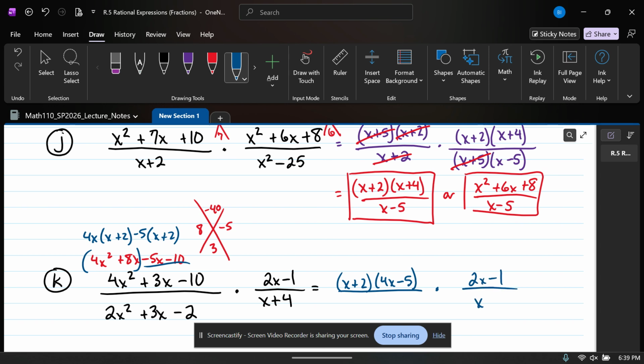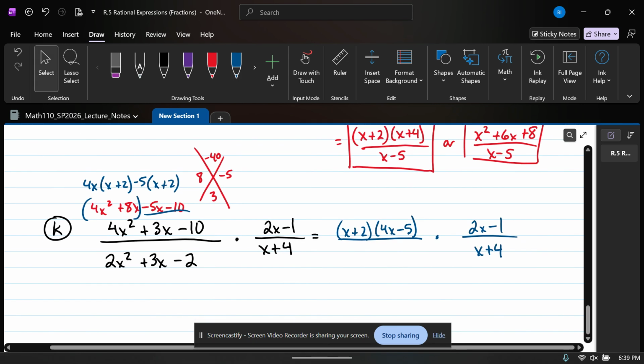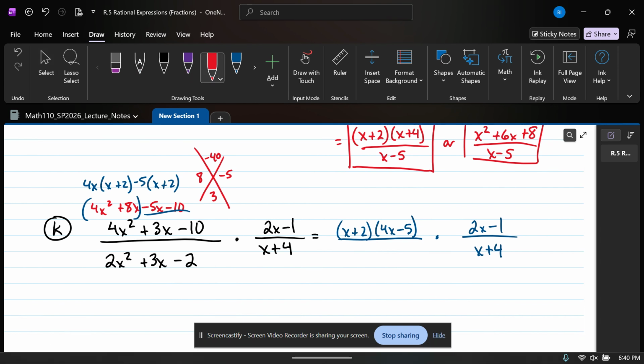I'm just going to go ahead and copy the second fraction because I know it doesn't factor any. So factoring on the denominator of that fraction. Multiply to be negative 4 and add to be positive 3. 4 and negative 1.